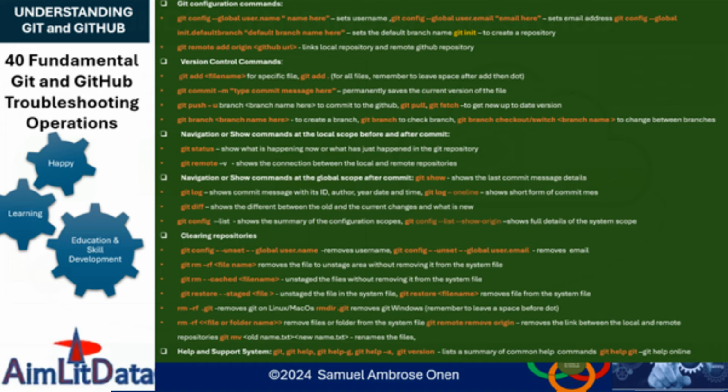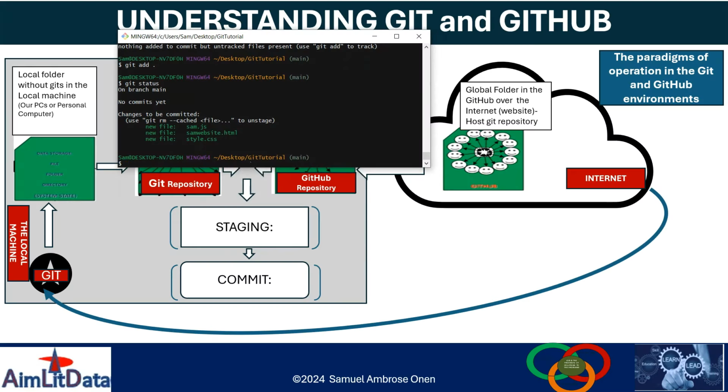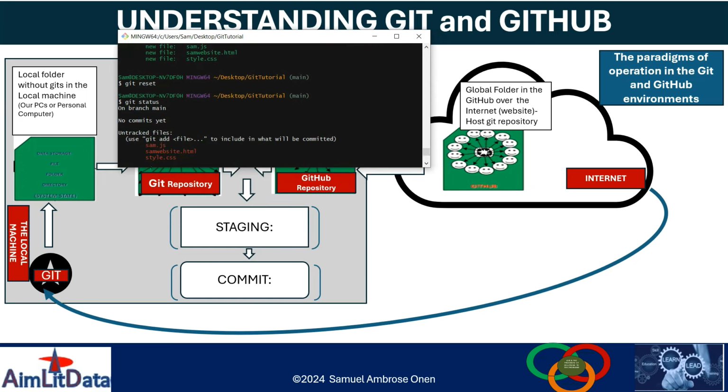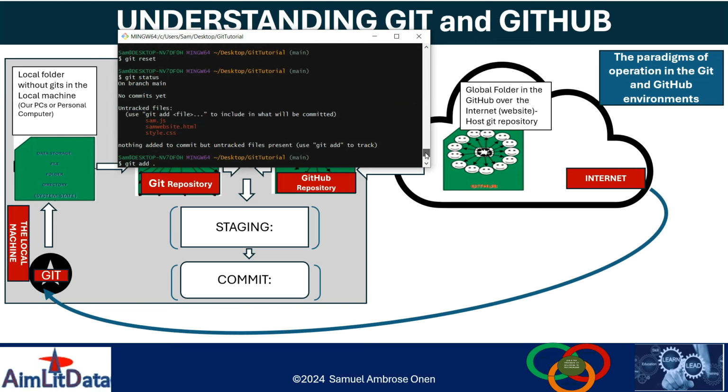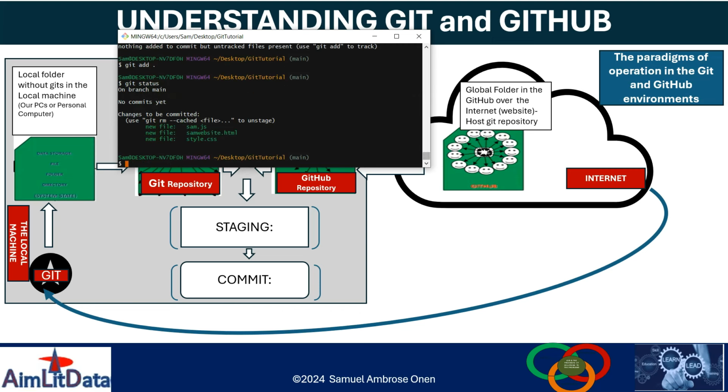So to do that, my friend, from the staging mode, remember we started from the working directory, from our repository where all the files have been learned by git but not tracked, and then we track them by sending them to the staging mode using git add. If you say git add and then put the name of a specific file, only that specific file will be in the staging mode.